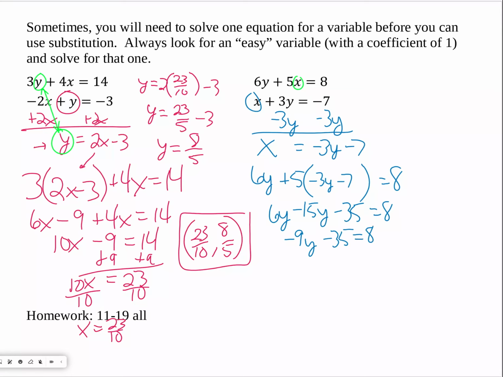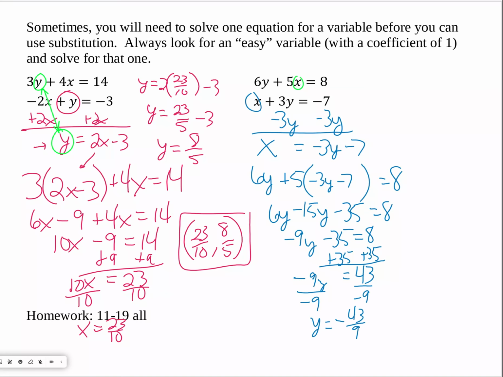Now get y by itself, so we're going to have to add 35. All right, now we got negative 9y equals 43, and then divide by negative 9. So y is negative 43 ninths. That doesn't reduce.